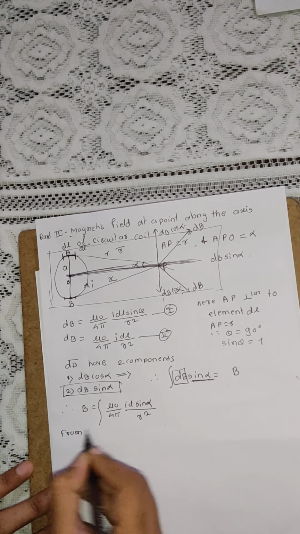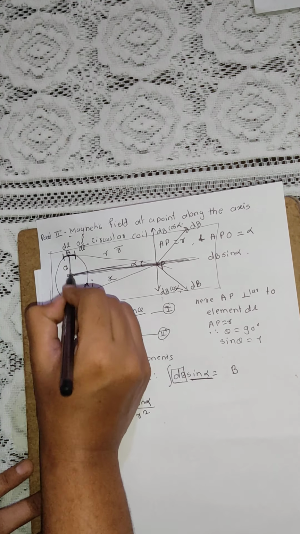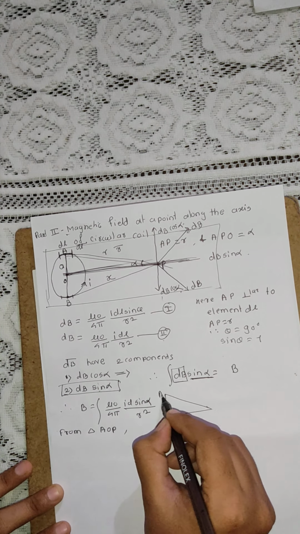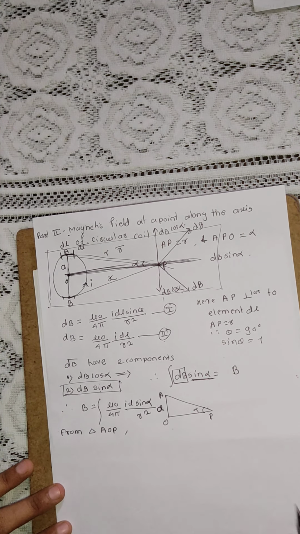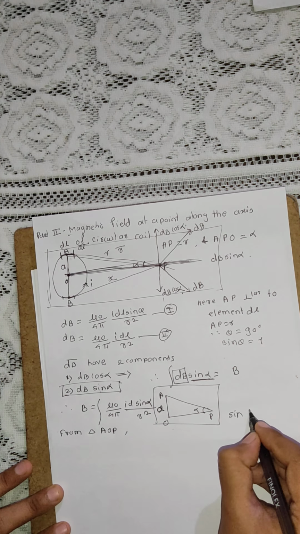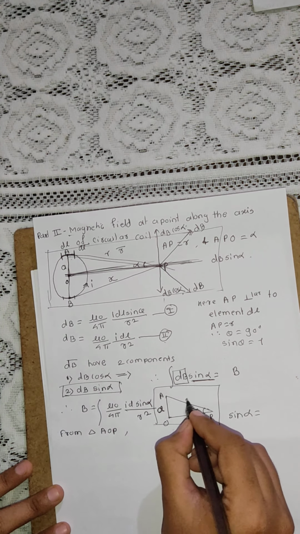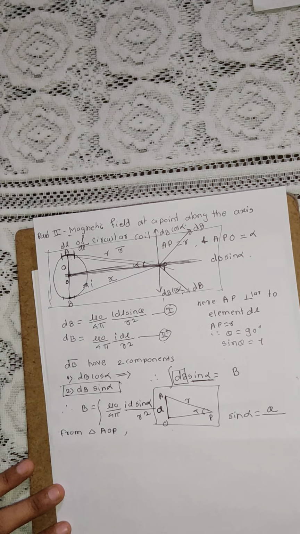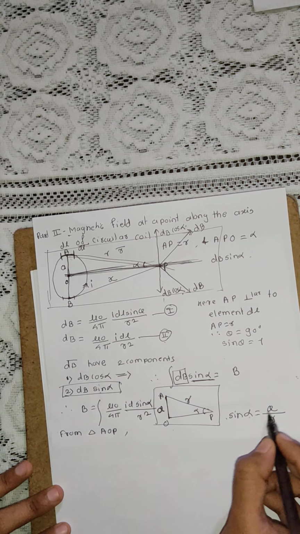From triangle AOP, this angle is alpha, this is a. Sin alpha is opposite side upon hypotenuse. Opposite side OA is a, and hypotenuse AP has value r. Therefore, sin alpha is equal to a by r.